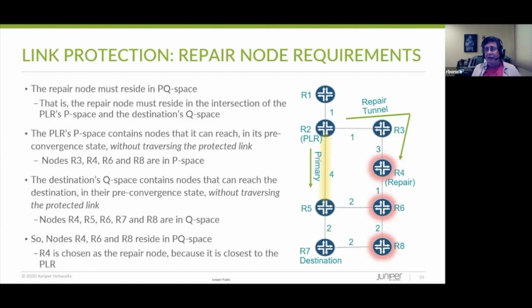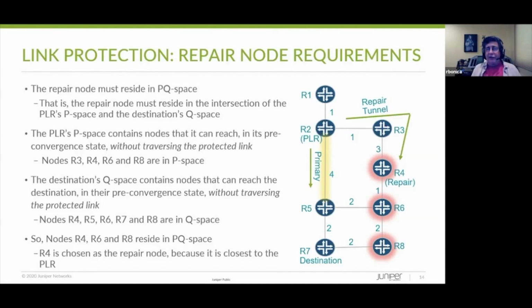R5 is not in R2's P space, and the reason why is R2's least cost path to R5 is through R2, R5, and that's the protected link. So it's just not there. Now, the next thing we have to understand is the destination's Q space. What's that?